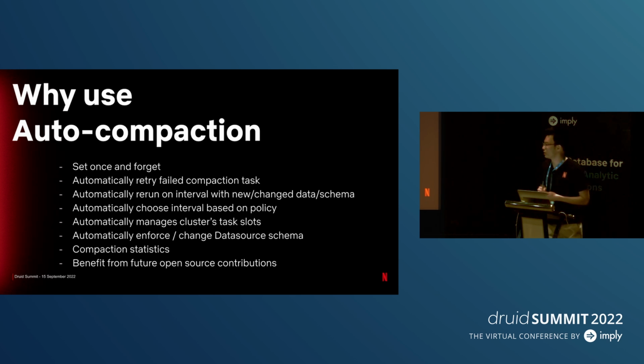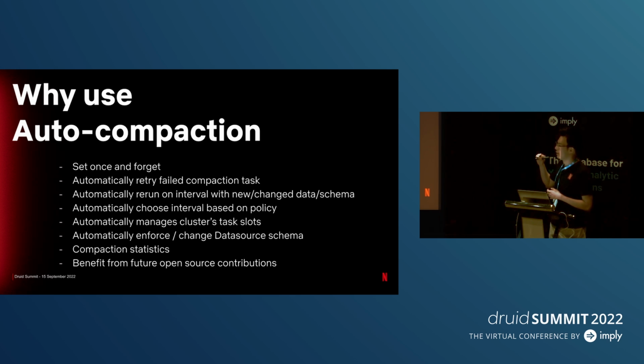And auto-compaction itself will get you benefits, like you set it once and forget it. You just set it for a data source, and it will work its way through that data source, making sure intervals are compacted. It automatically retries failed compaction tasks. So your compaction task might fail if there's a conflict in lock. It will retry. It will automatically rerun on intervals with changed data or schema. So if you have late data coming in with a different schema than the one you specified in the auto-compaction, it can rerun on those.